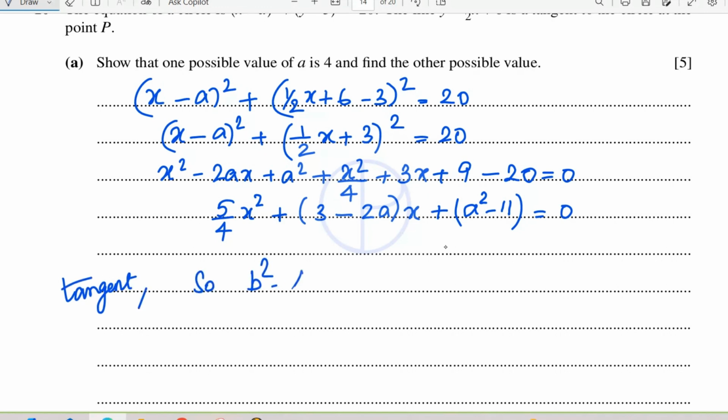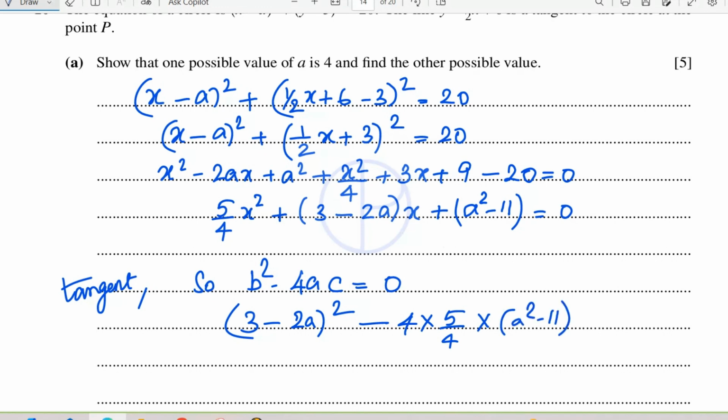So b square minus 4ac equal to 0. So what is b square here? 3 minus 2a the whole square minus 4 multiplied by a is 5 over 4 and c is a square minus 11. This is equal to 0.